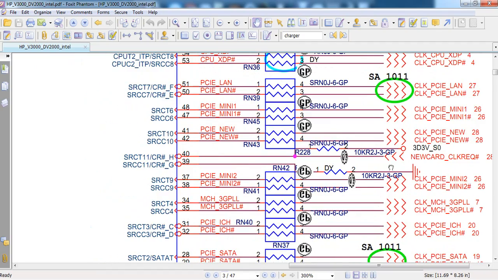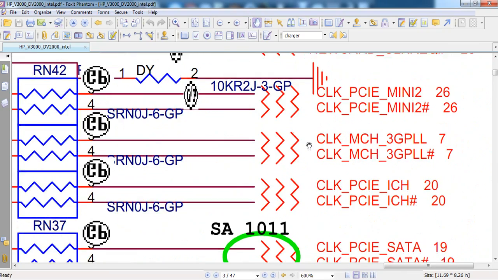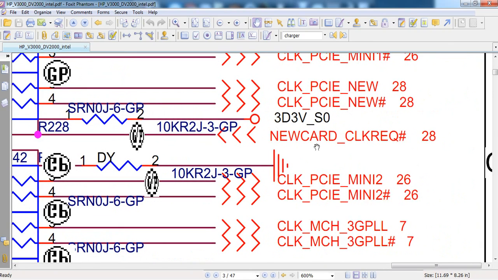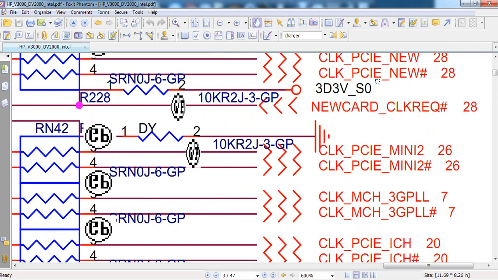These are all the output signals and this is the input signal. Watch closely: the arrow is inside, so this is the input signal, which comes from NEW CARD underscore CLKREQ hash. This is from page number 28, which also contains the LAN details and the new card, wireless card details.